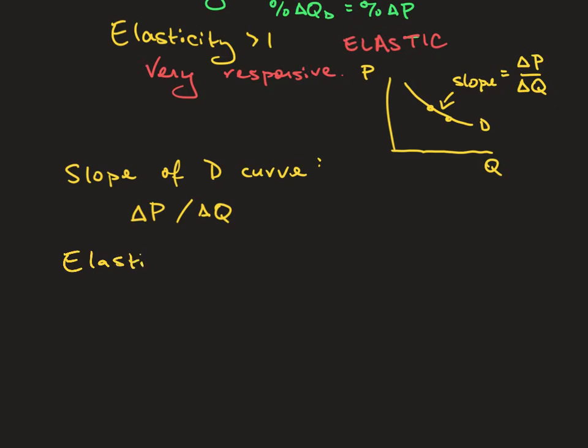The elasticity is change in quantity over quantity divided by change in price over price. You see how it has the same kind of components, just flipped the other way.